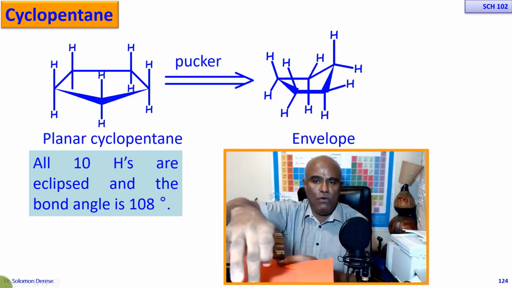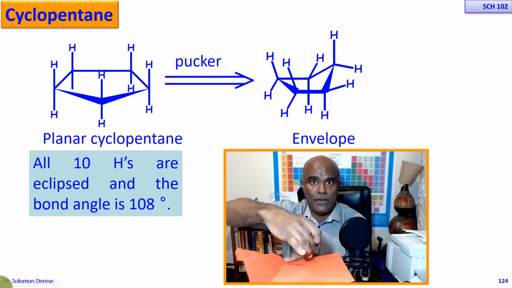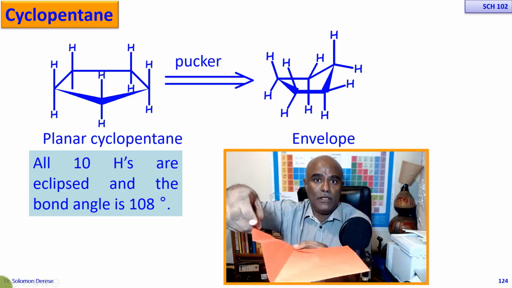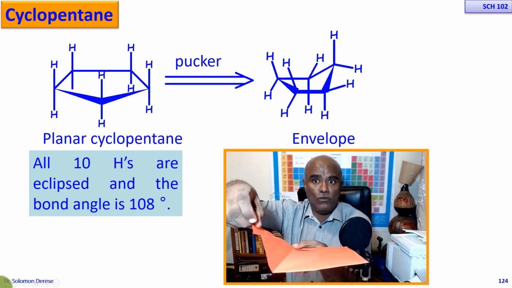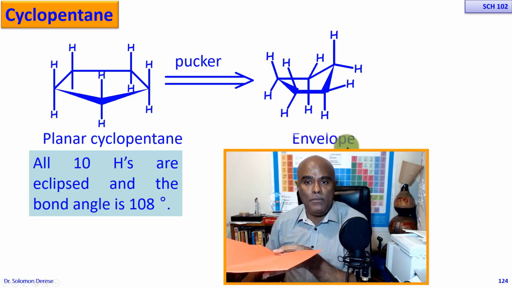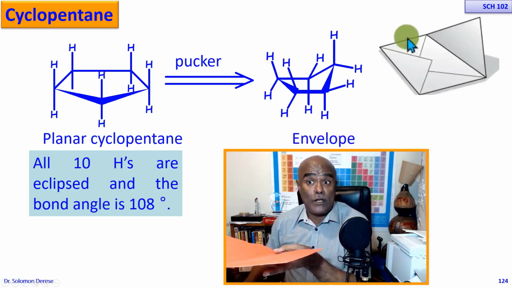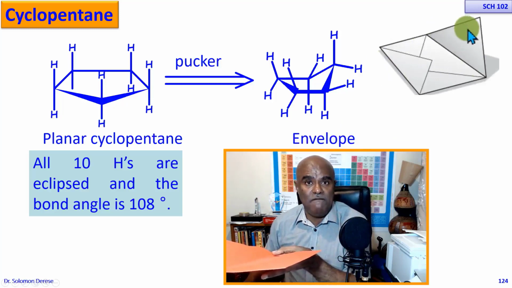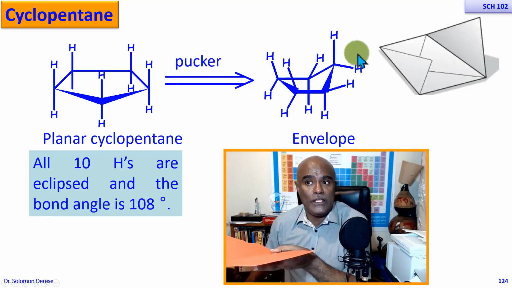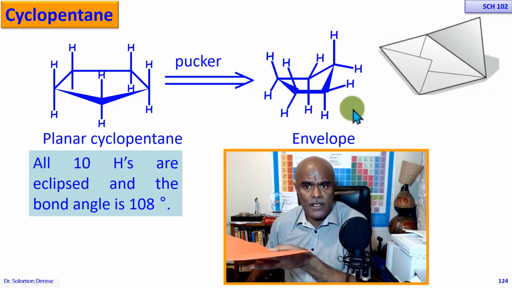All these four carbons of the cyclopentane will be in the same plane, but one of them will be out of plane like the flap of an envelope.